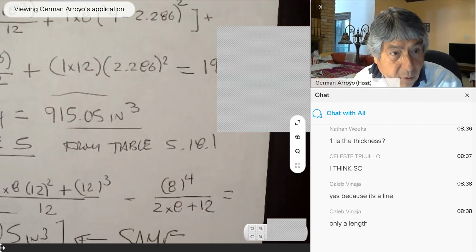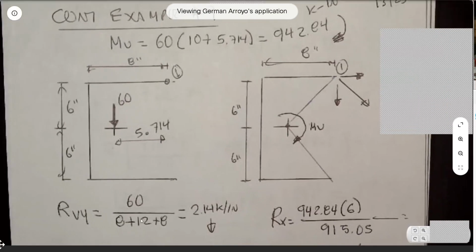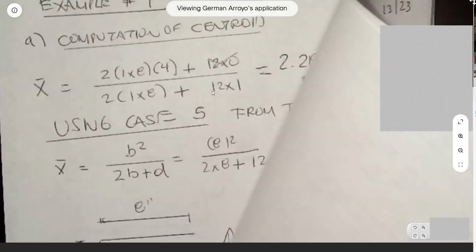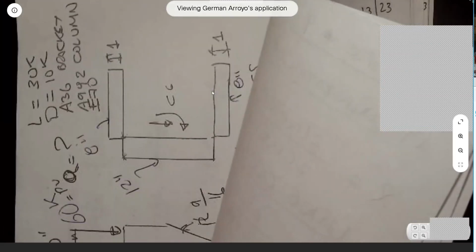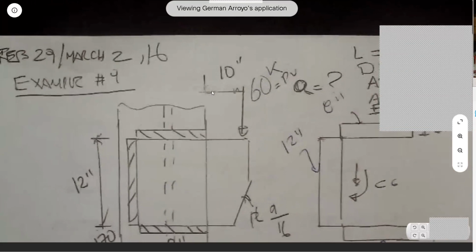Look, this is the same problem. How I had computed the moment: if you look at the eccentricity of this force, just for the people coming late, the eccentricity to this point is 10 inches.